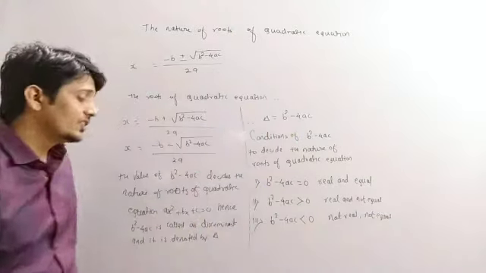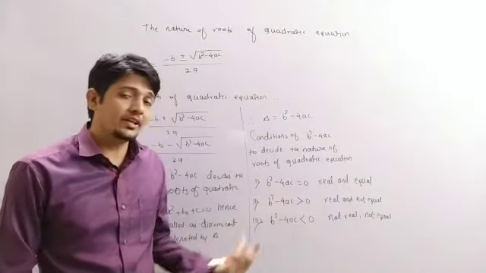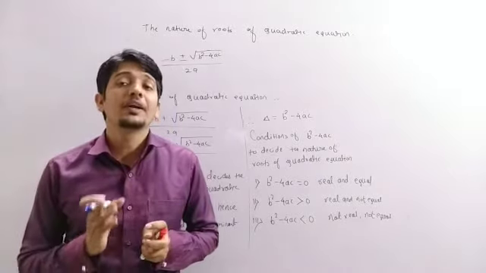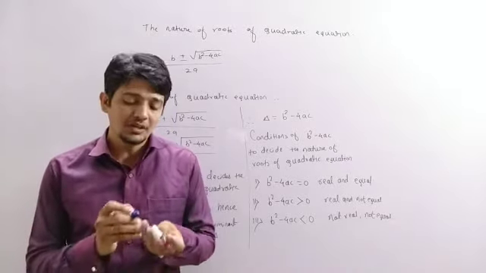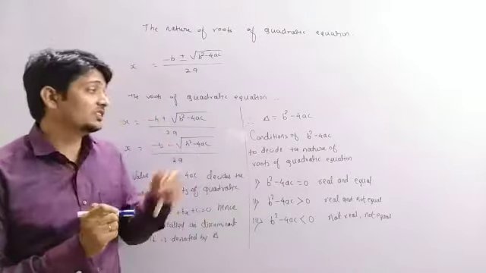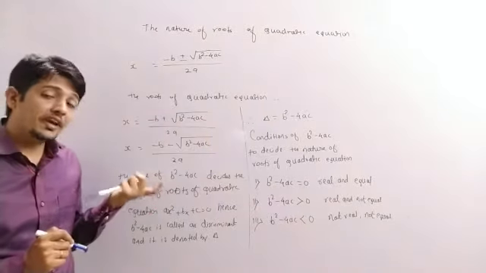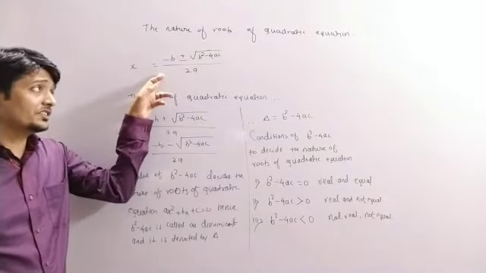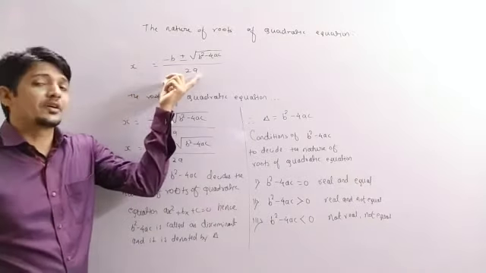Okay, so by deciding the value of b square minus 4ac, whether it is 0, negative or positive, we can decide the nature of the roots of the quadratic equation. This is a very important part that we have to use in our next practice set. This is the formula to solve the quadratic equation.